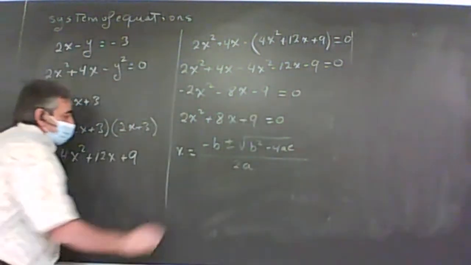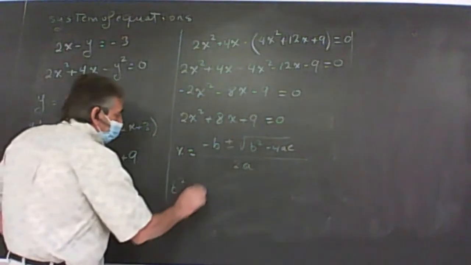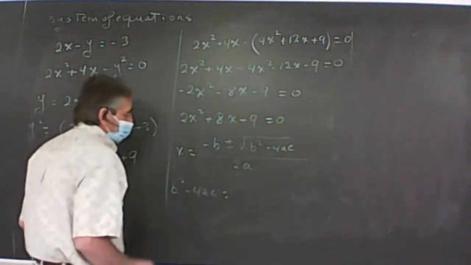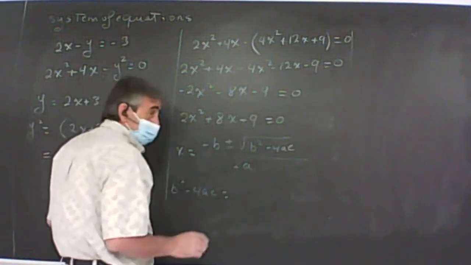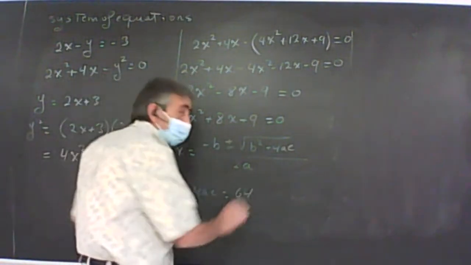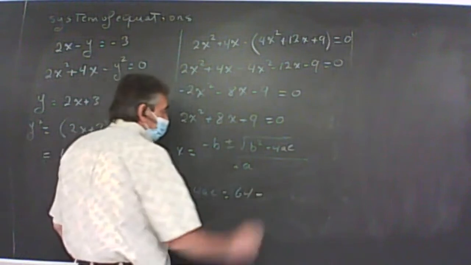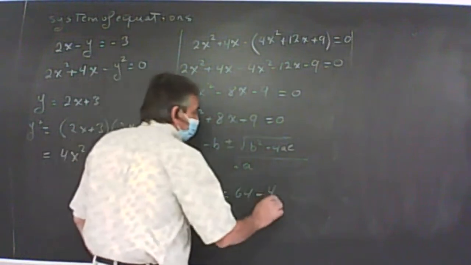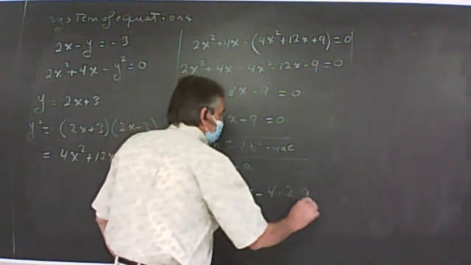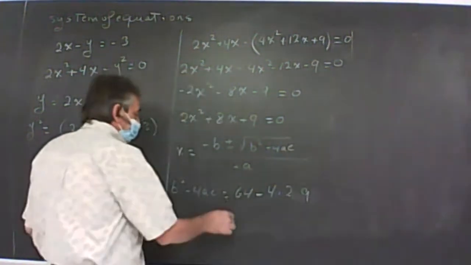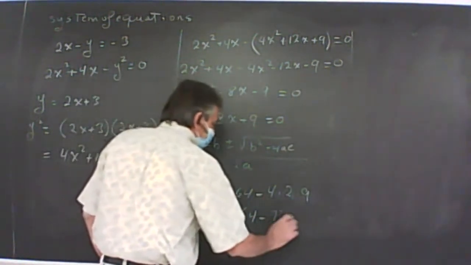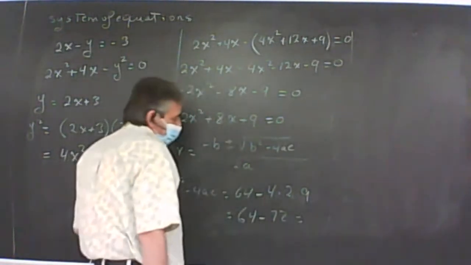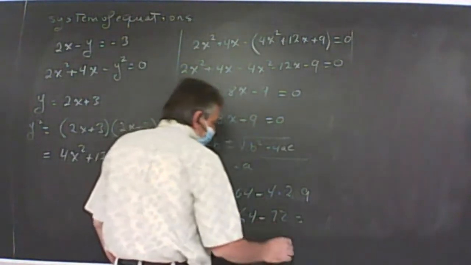So b squared minus 4ac: b squared is 8 squared, that's 64, minus 4 times 2 times 9.